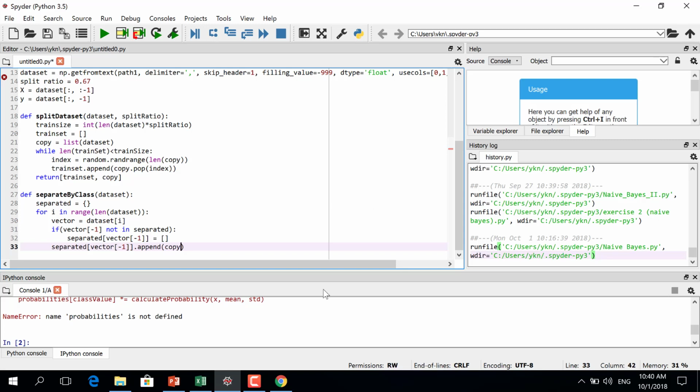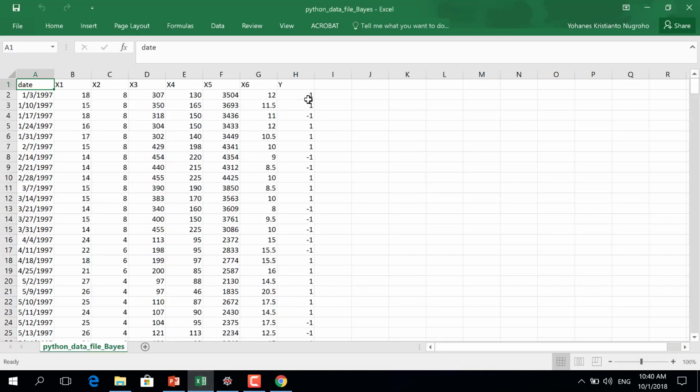Because, for instance, this is the first -1, and this will be the first +1. In the original it is the second row, but after regrouping and separating into two different groups, it can be the first row in the +1 group.